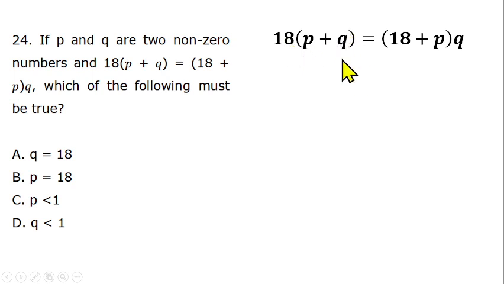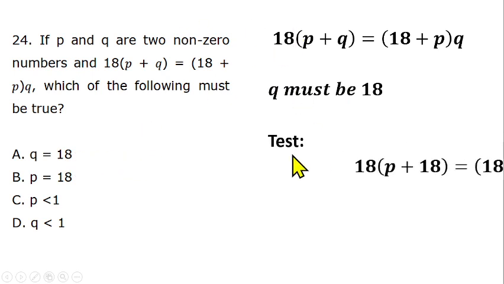Then if your Q is also 18 here as well, you'll be having 18 times 18 here too, plus 18P, which is what you're having here. So I think Q must be 18. If Q is 18, then both sides will be equal.